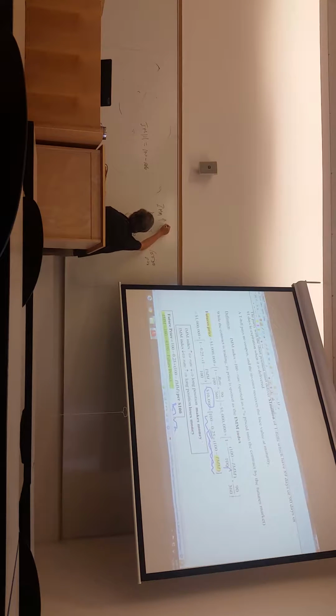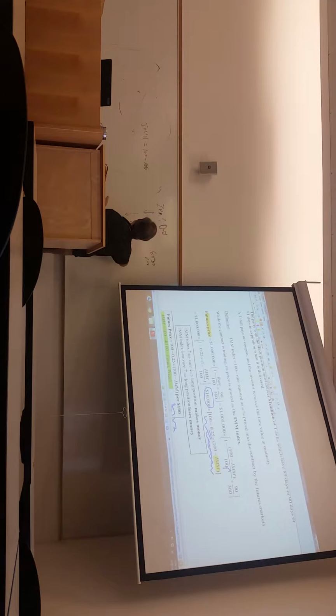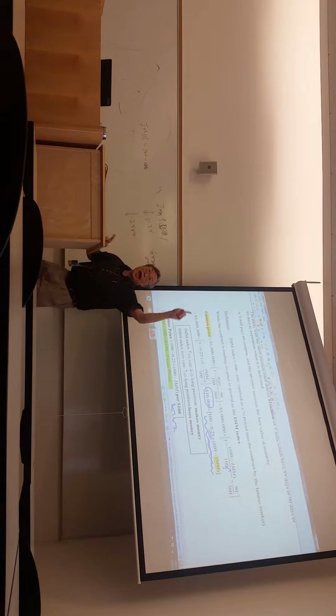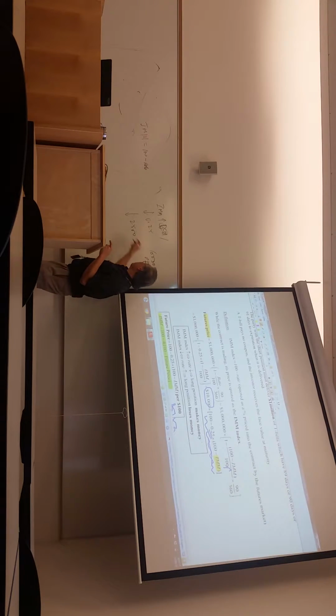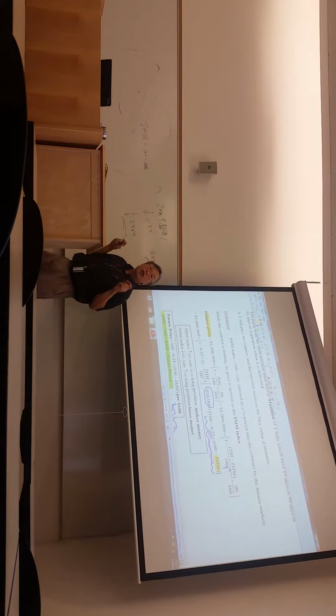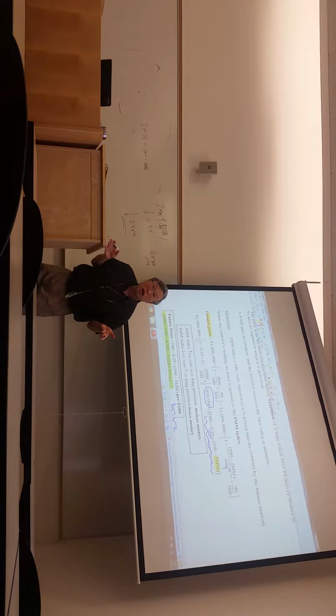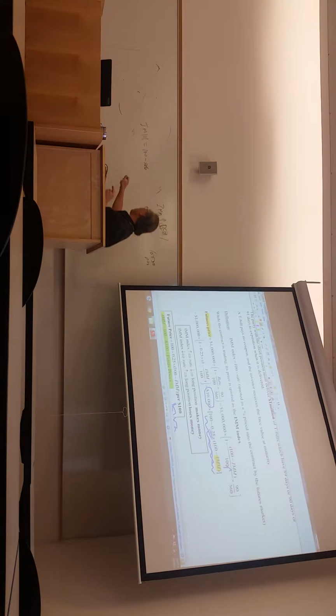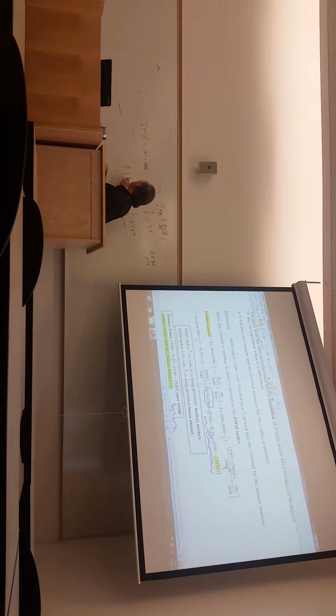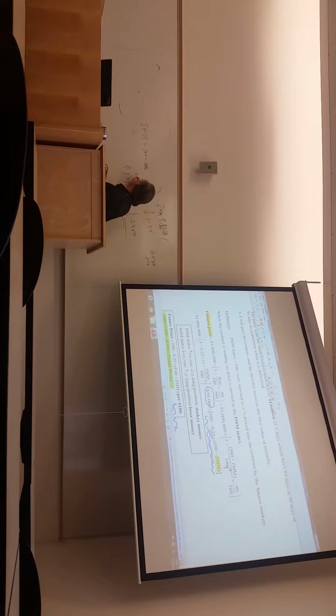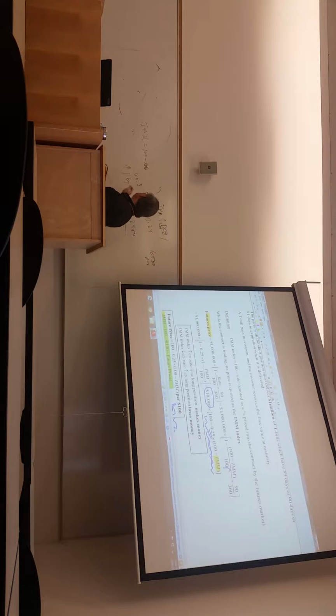So it will be $25,000. If I go up by 1%, then this thing will go down by $25,000. If I go up by 1 basis point, 1 basis point is 0.01%, then the price will go down by $25.